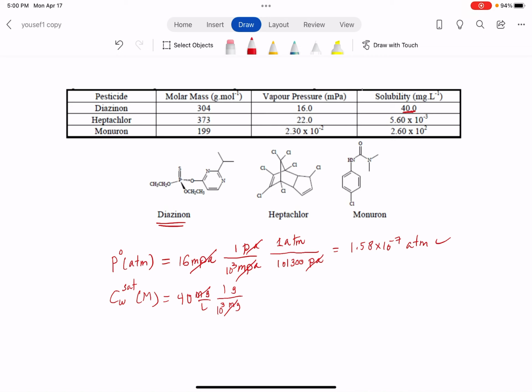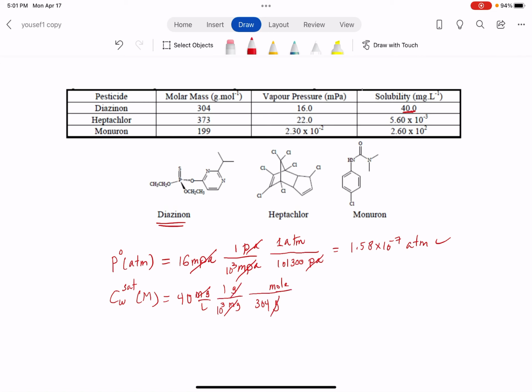This is gram per liter, and you divide it by the molecular weight, 304 gram per mole.